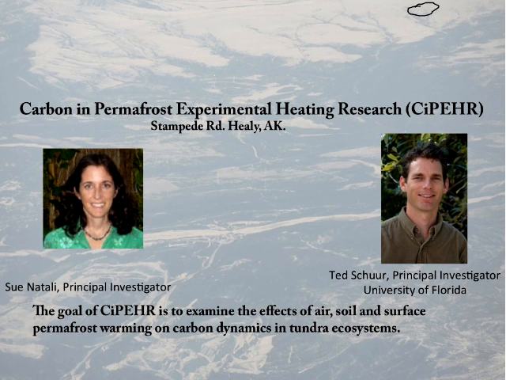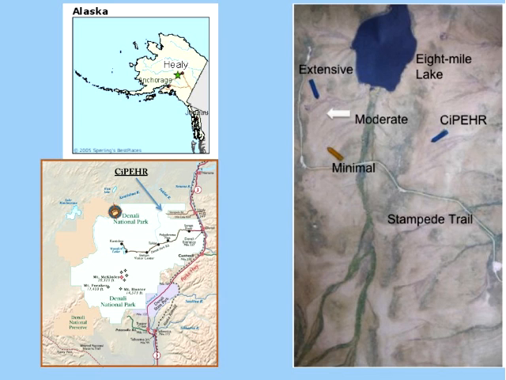So the goal of CiPHER, I'll refer to Carbon and Permafrost Heating Experiment Research as CiPHER from now on, is to examine the effects of air, soil, and surface permafrost warming on carbon dynamics in the tundra. So here are some maps of the location. You can see we're in central Alaska, just north of Denali National Park.